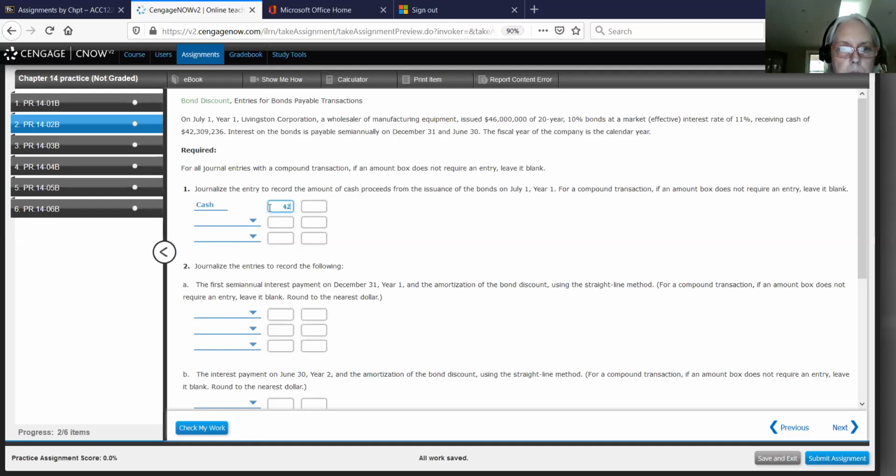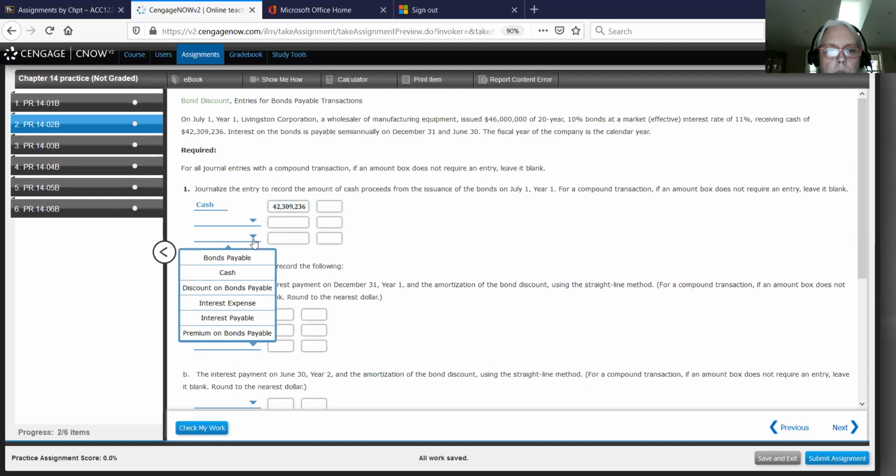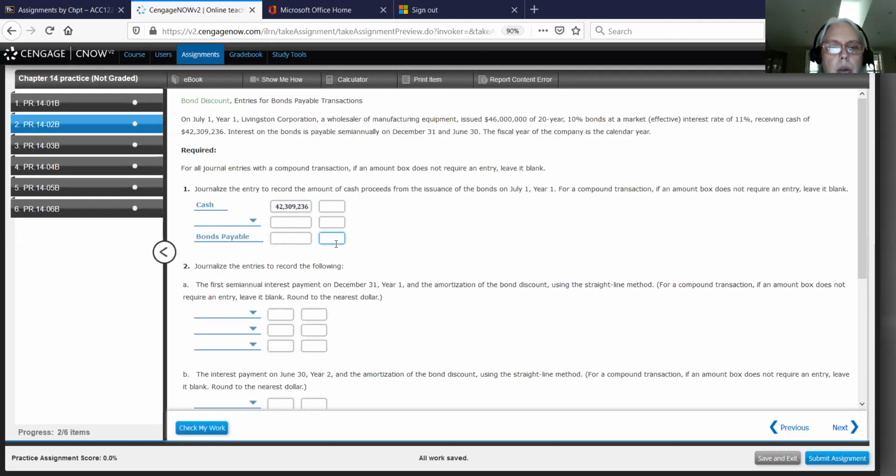So it's $42,309,236. The next thing that I'm going to do is show you the credit to bonds payable. We always credit bonds payable for the face value of the bonds, which is the issued amount. In this case, it's $46 million.